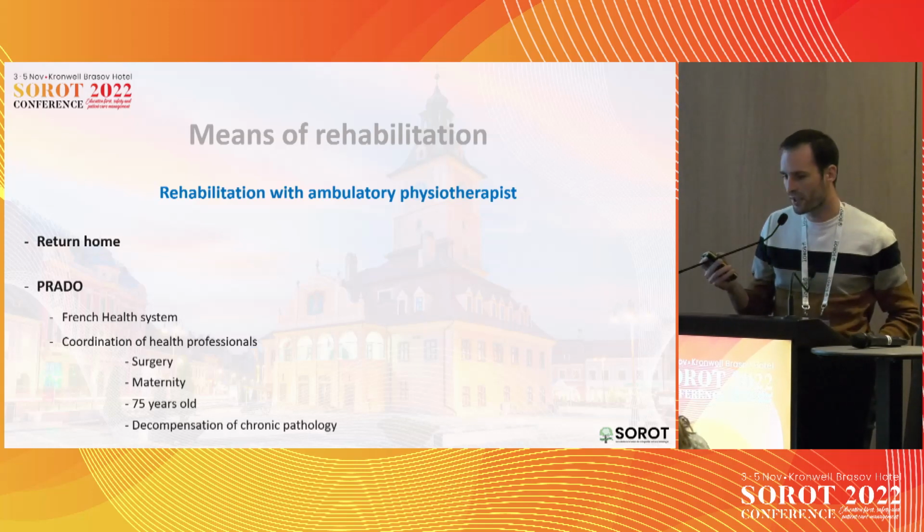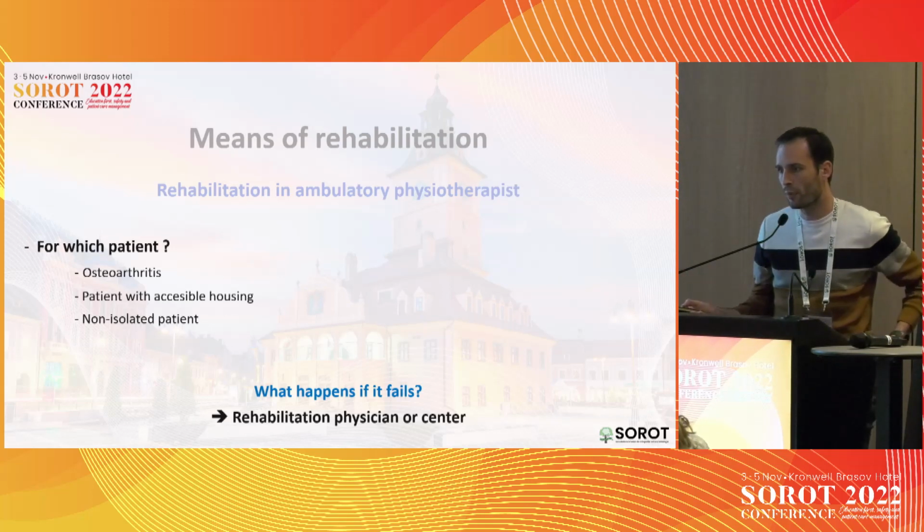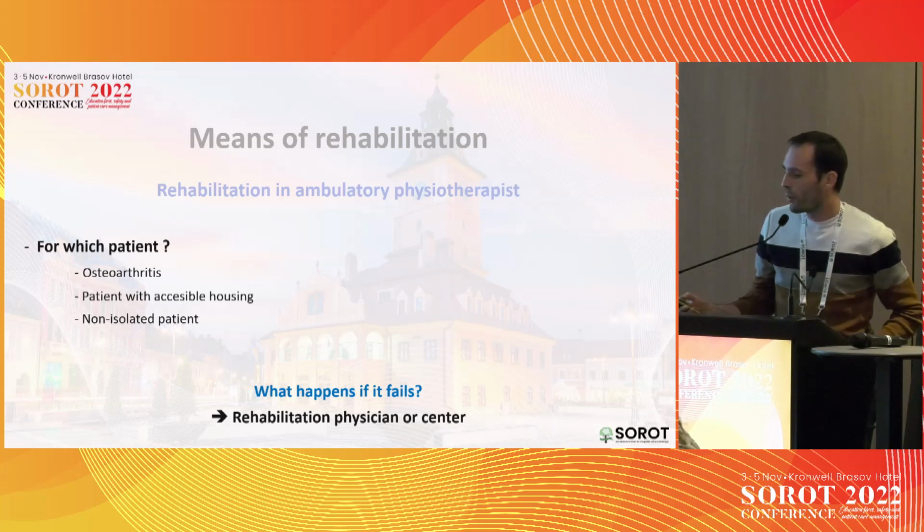It's a free system. So which patients can go to an ambulatory physiotherapist? Most of the cases are osteoarthritis. Patients who have a THA for osteoarthritis, as you can see on the previous slide, don't need a multidisciplinary rehabilitation team. They just need physiotherapists, so they can go out. But for these patients, we need accessible housing and non-isolated patients.